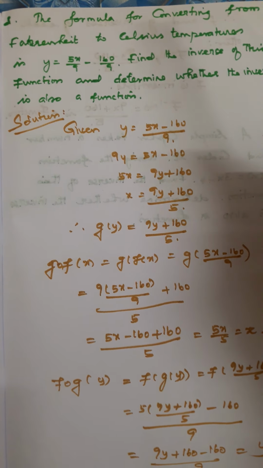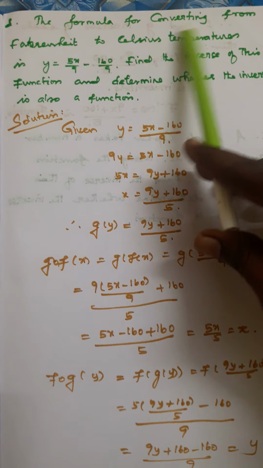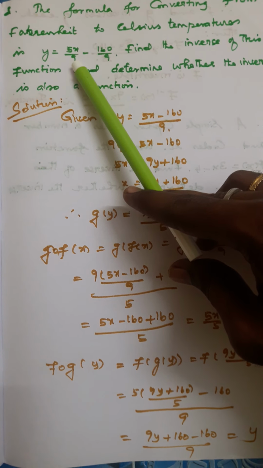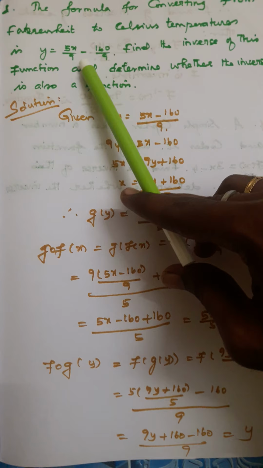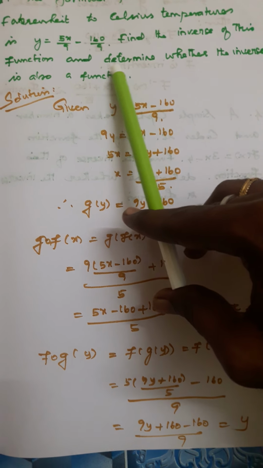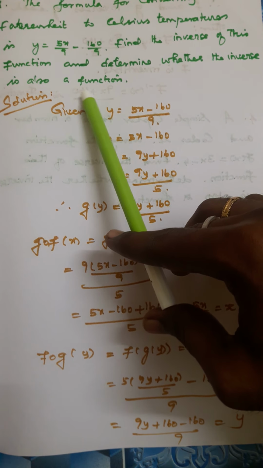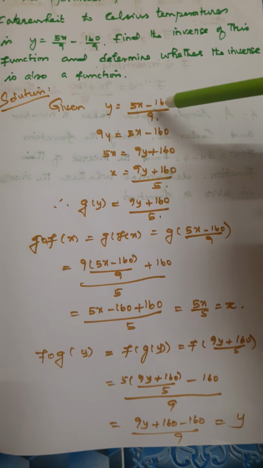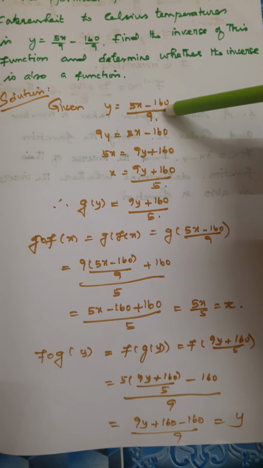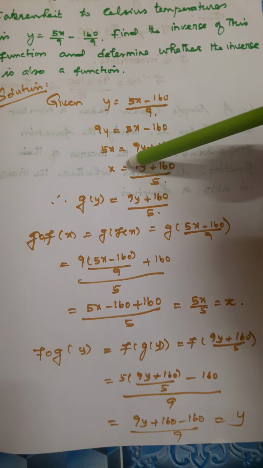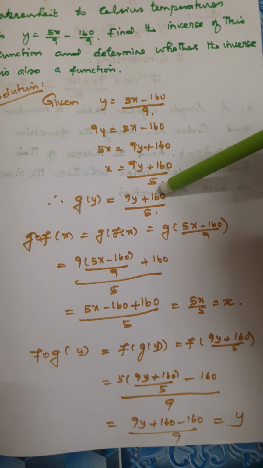Similar type of question. The formula for converting from Fahrenheit to Celsius temperatures is y equal to 5 times x minus 160, divided by 9. Find the inverse of this function and determine whether the inverse is also a function. You have an additional thing to check. So the same formula, y equal to 5 times x minus 160 by 9. Your x becomes 9y plus 160 by 5.